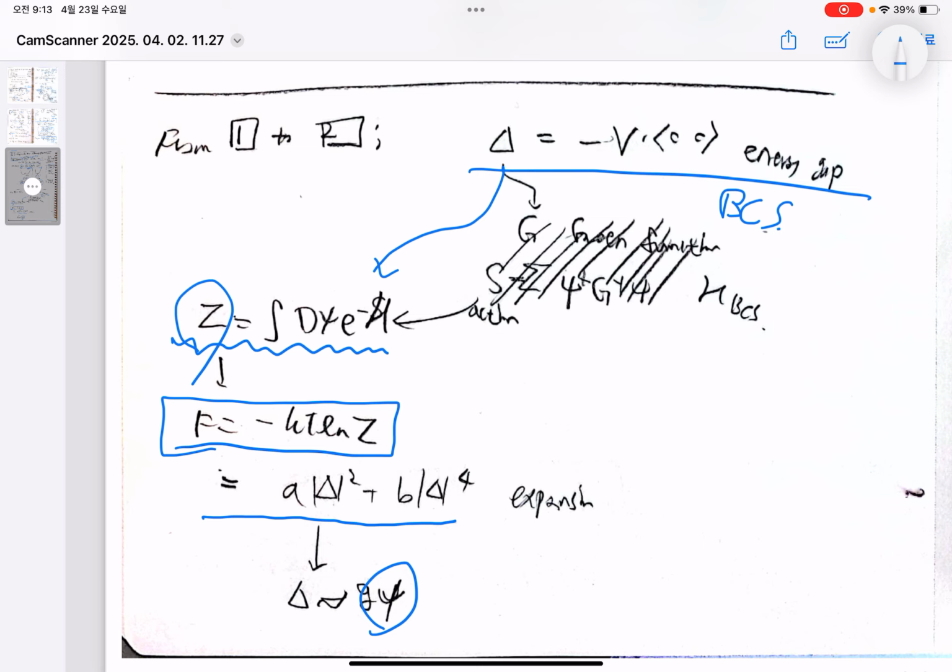So now we have discussed superconductivity with spontaneous symmetry breaking from two points of view. First, the BCS theory with the Cooper pair and the equation of motion, and how the energy gap and the critical temperature are determined in the microscopic view. And second, the Ginzburg-Landau theory with the free energy as an effective theory assumption.